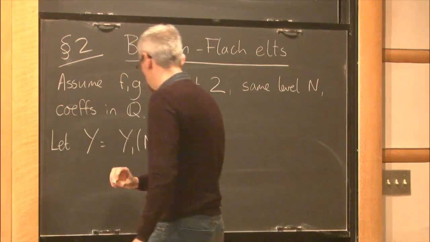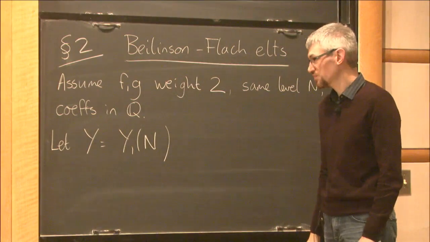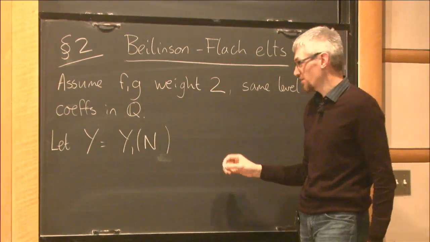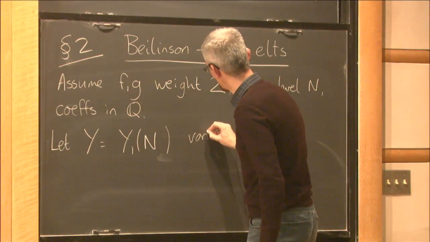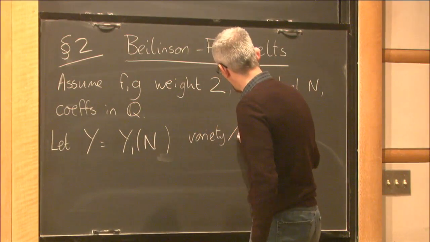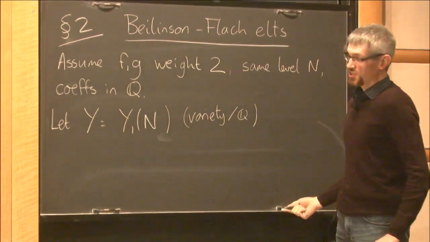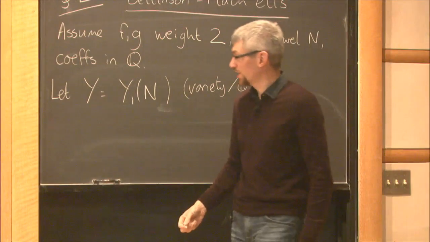So I'm going to let Y be the modular curve Y1(N), which has a natural model as a variety over Q. So you can take its étale cohomology.